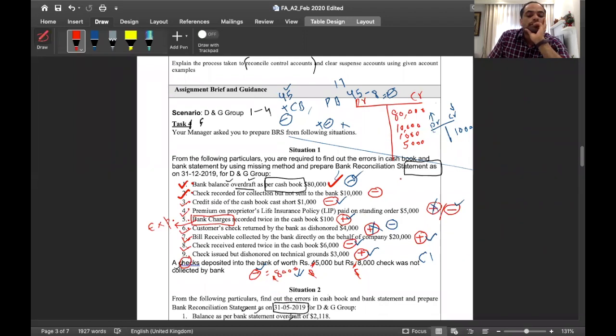You missed the fifth transaction. Number 5, bank charges, 100. Debit or credit? Debit. Okay. Number 6, 4,000. Debit, credit? Credit, 4,000.